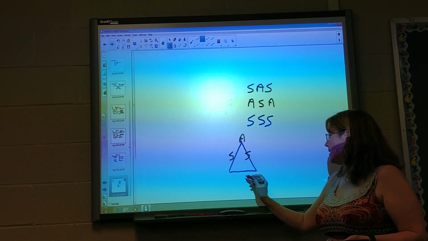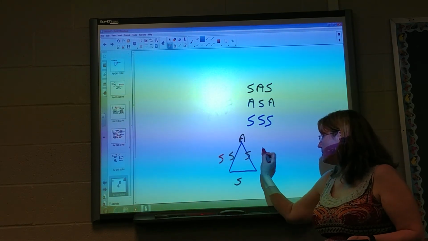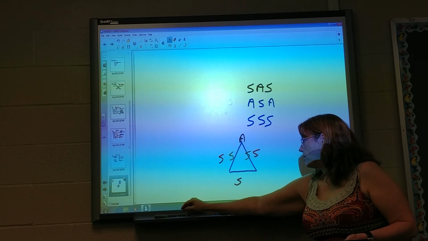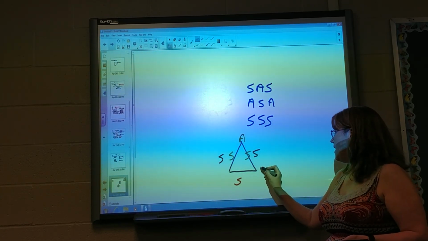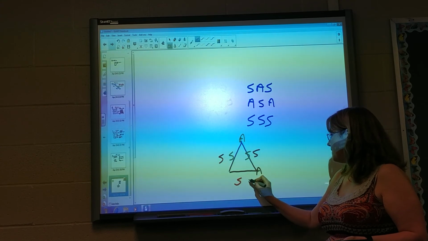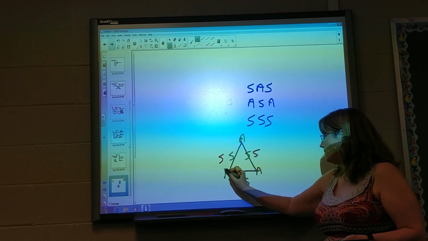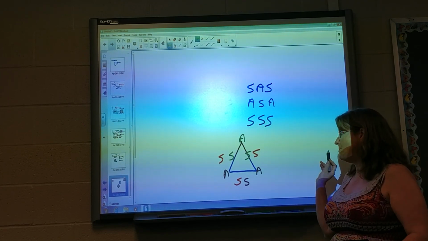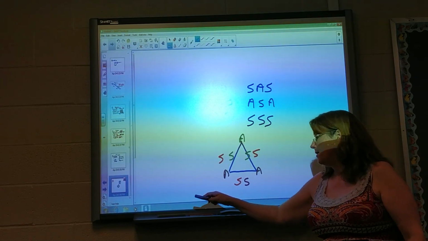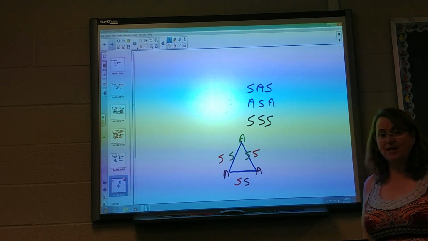Of course, this is a side, side, side. Or you can do an angle, side, angle. Could be in any direction like that. But if they were the same as the one next door to you, then you know they're exactly congruent.